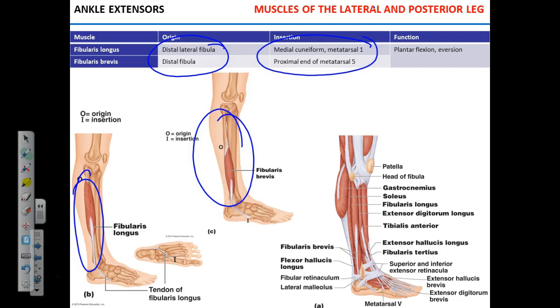The tendon of the fibularis longus runs under the foot to metatarsal 1. Okay? The tendon of fibularis brevis is inserted into metatarsal 5. Here you can see fibularis longus being superficial to the fibularis brevis.